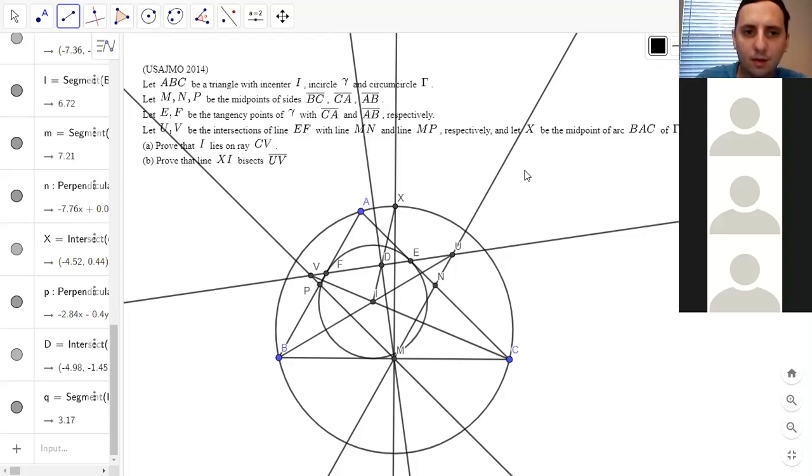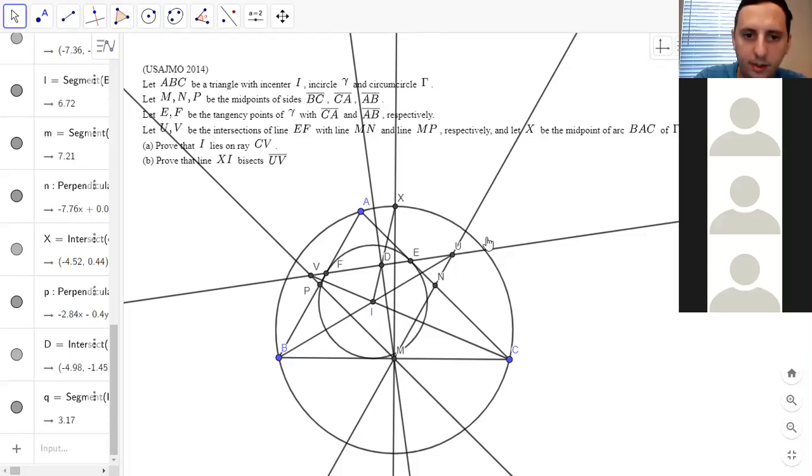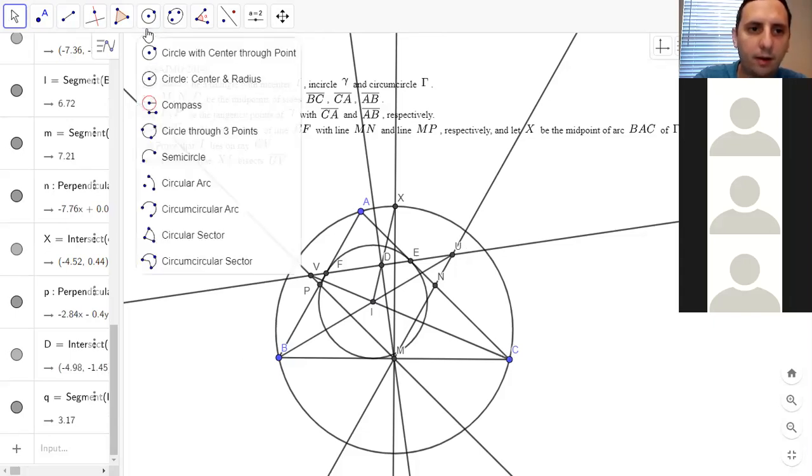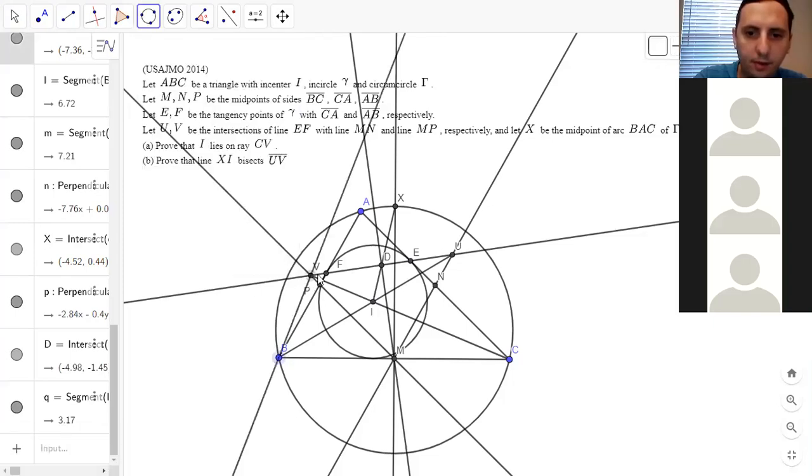It doesn't really matter that much, but M is the center of BVUC. BVUC. Okay. Because they're all right angles, right? BVC is a right angle.